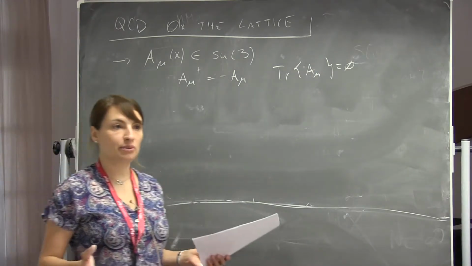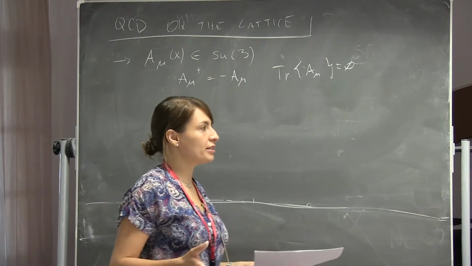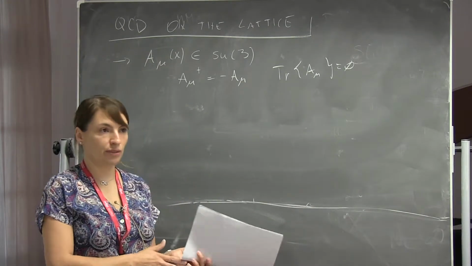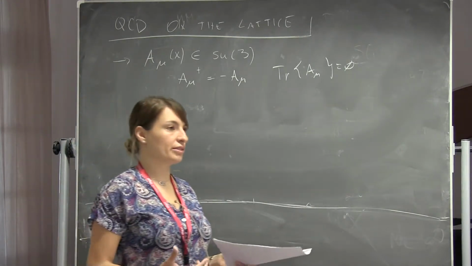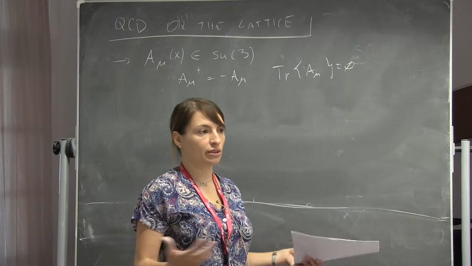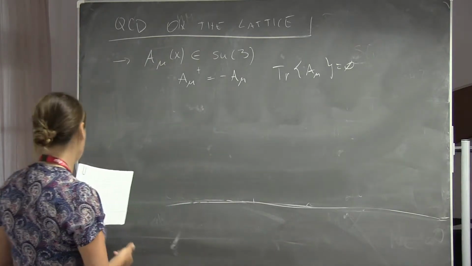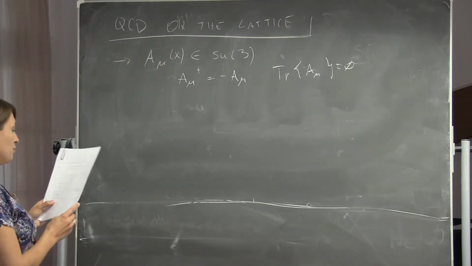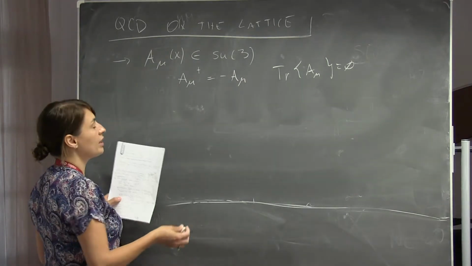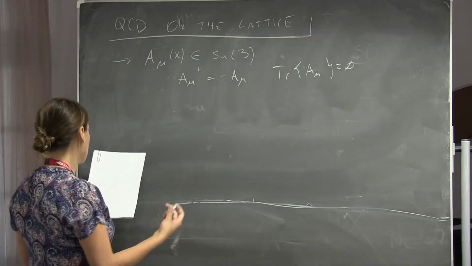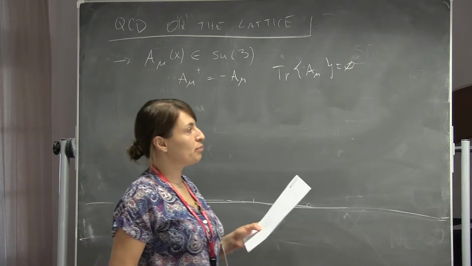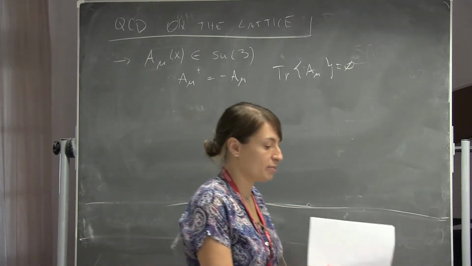And as we said, when we are discretizing a theory on the lattice, we try to preserve all the important properties of the continuum theory in order to be able to perform the continuum limit. So the symmetries will be preserved as much as possible.